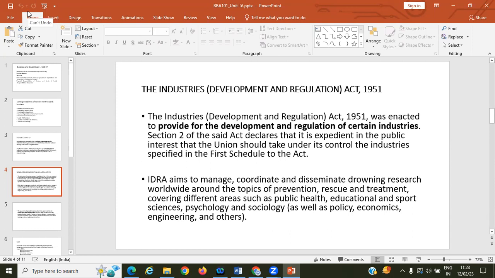This act will regulate all these industrial activities and industries' policies, and this will provide the growth and development, the rules and regulation guidelines of the industry.